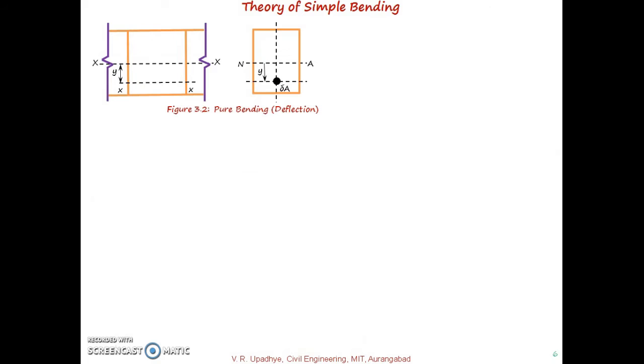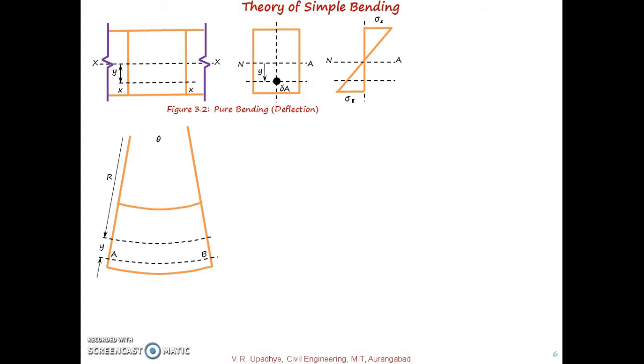Suppose some part of the complete beam is considered, and let us say this is the first figure regarding that, and the second figure is regarding the cross section of that beam. This third diagram we will discuss afterwards. We have already discussed the radius of curvature and the angle at the center.